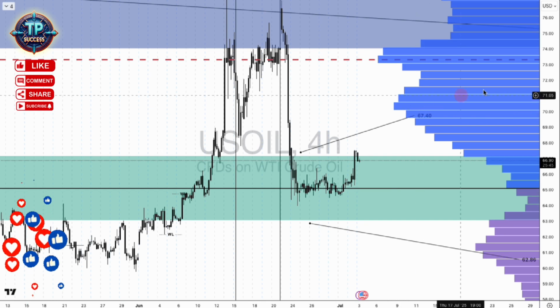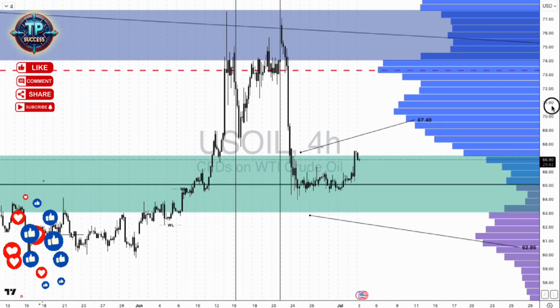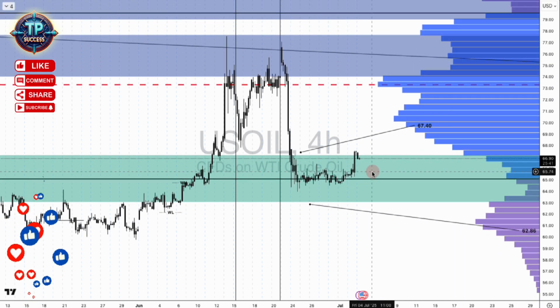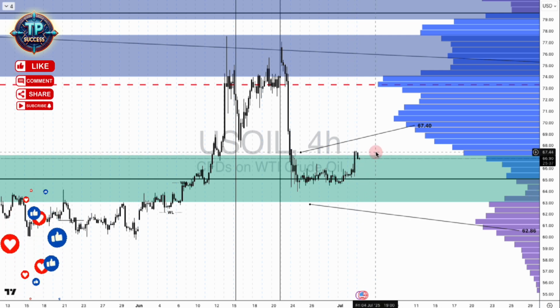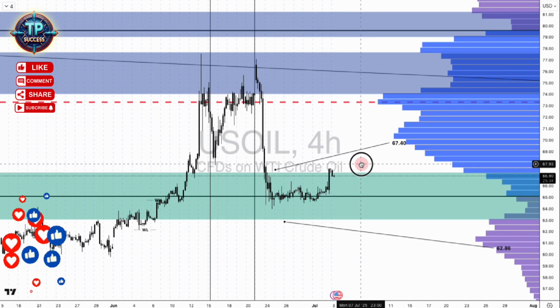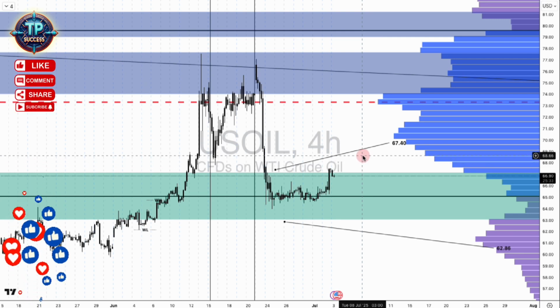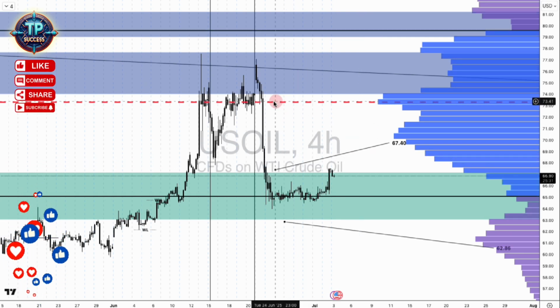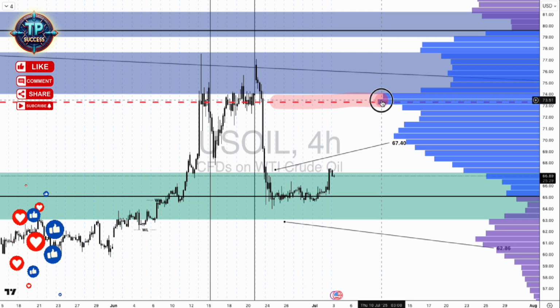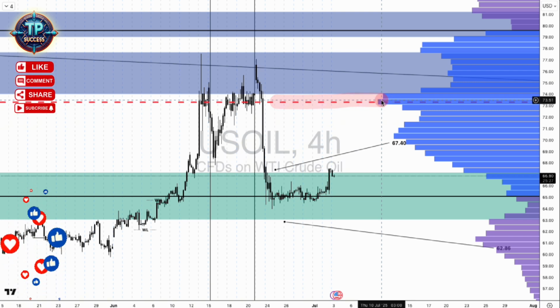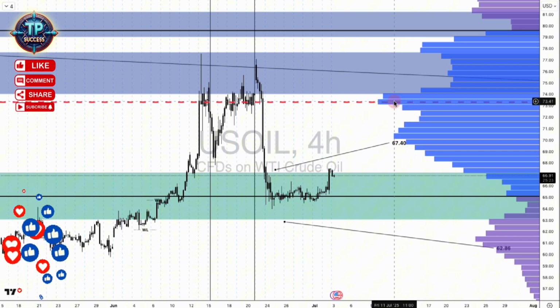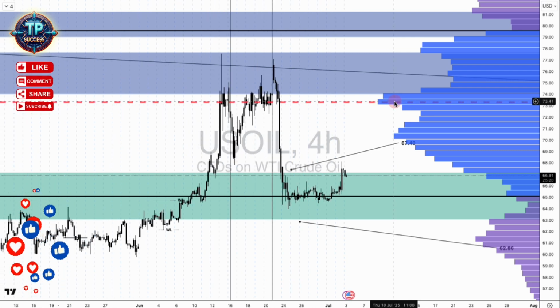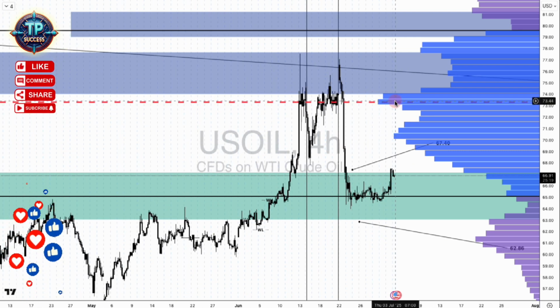However, we can look at it this way. We can look at it from a point of view to say that, okay, price is thinking about making a move to the upside. And at its bare minimum, it will be heading back to point of control. And that is 73.51.